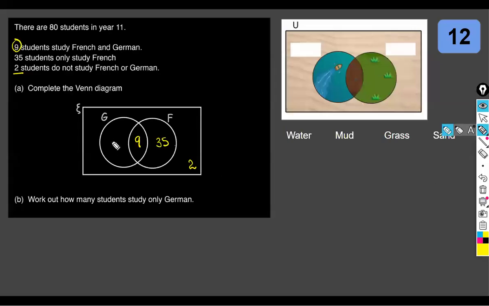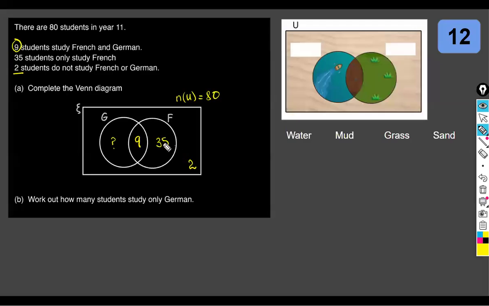I want you all to calculate the missing number here now. I'll put in 80 here. This hasn't changed. If the total amount of people in the diagram is 80, you think you can reason out what number is missing here? You have 9, you have 35, and you have 2.